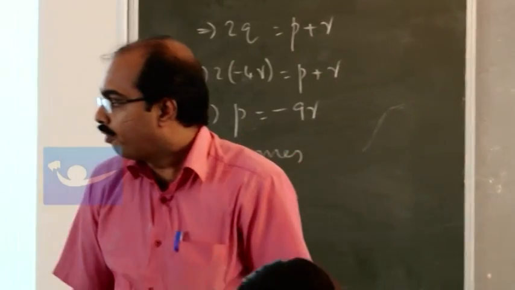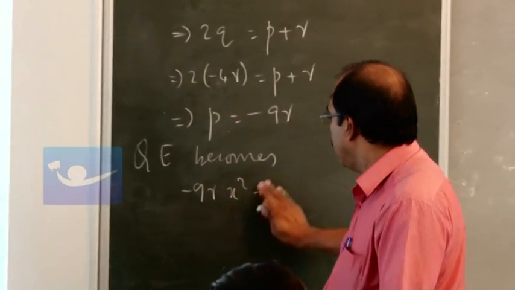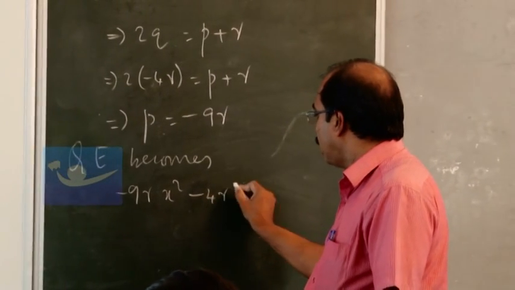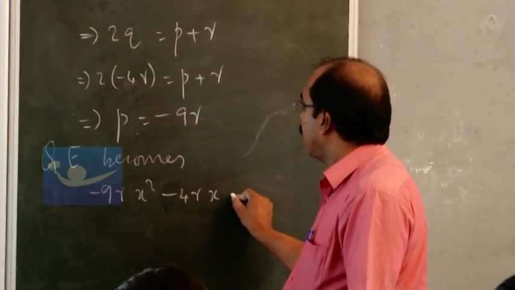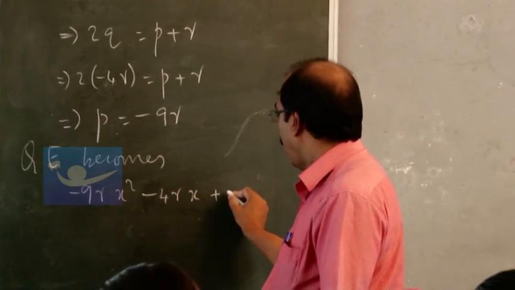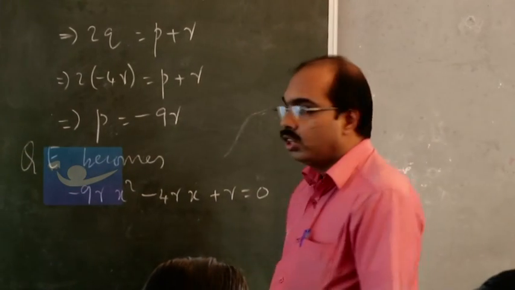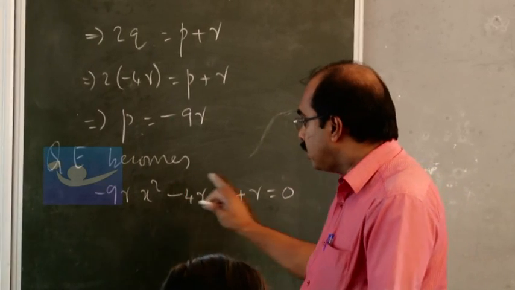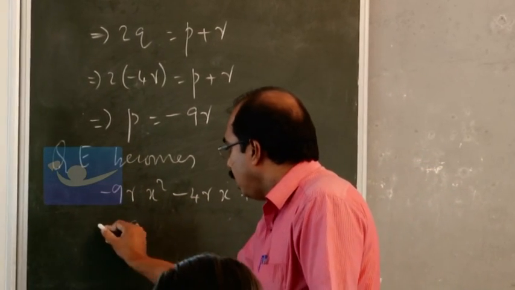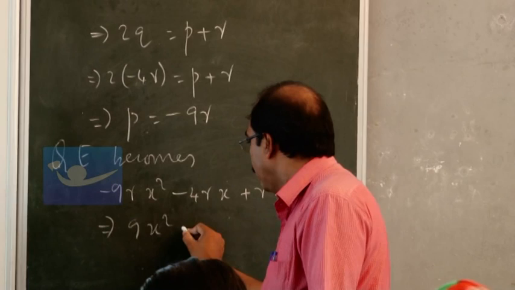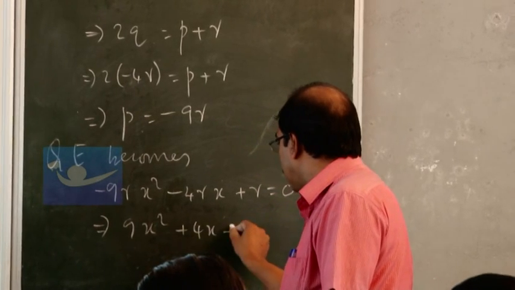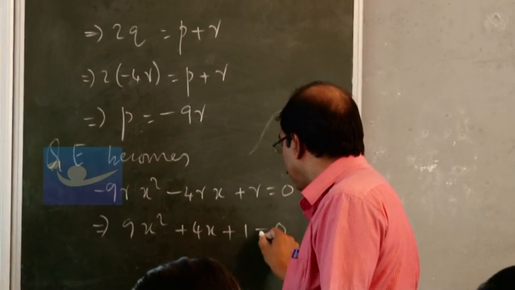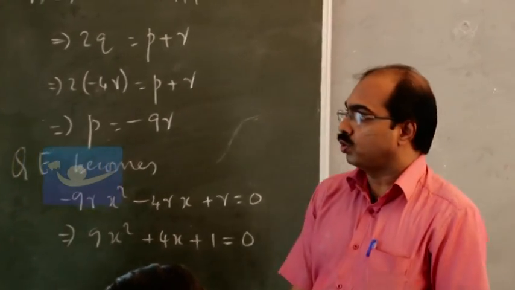We have found the value of q as minus 4r, so minus 4r x plus r equal to 0. So, it is possible for us to rewrite this equation as 9x square plus 4x minus 1 equal to 0.